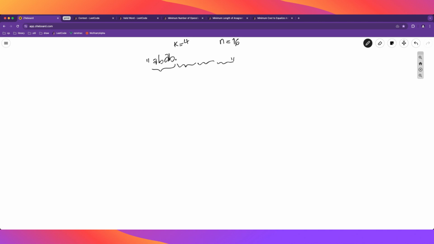And we can pick one operation as we choose 2 of these 4 groups, and we set one of them into the other, okay? And we want to make them all equal.